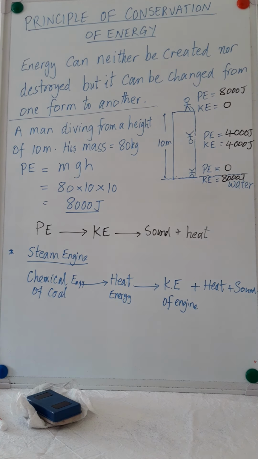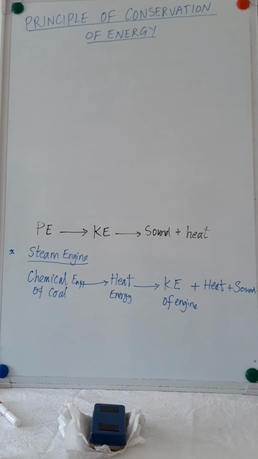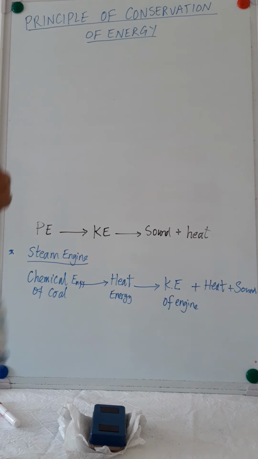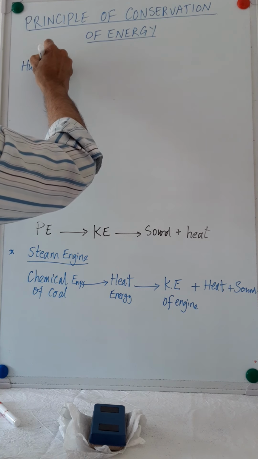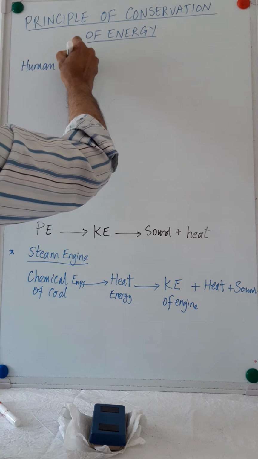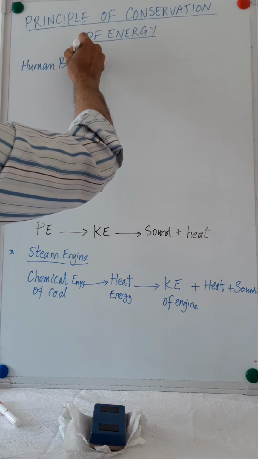Now we'll just do a few of these examples to illustrate the point. The next example which we are going to do is the human body. What sort of energy do we convert?